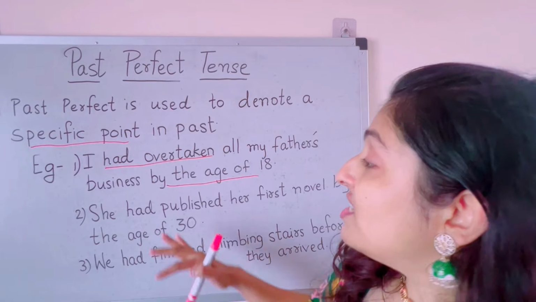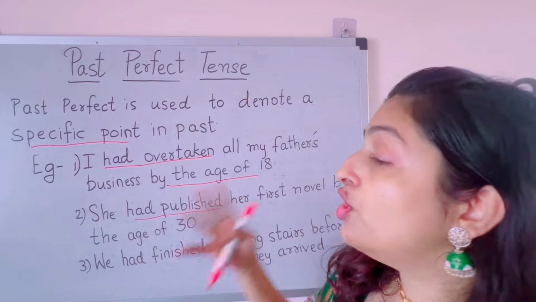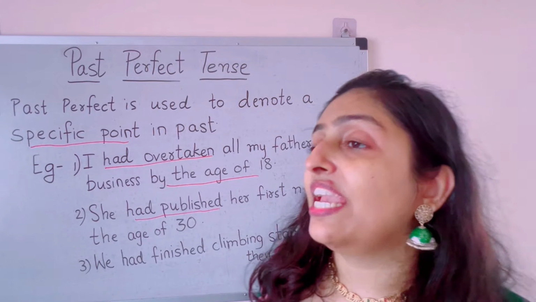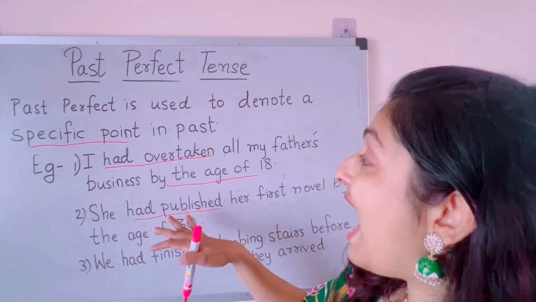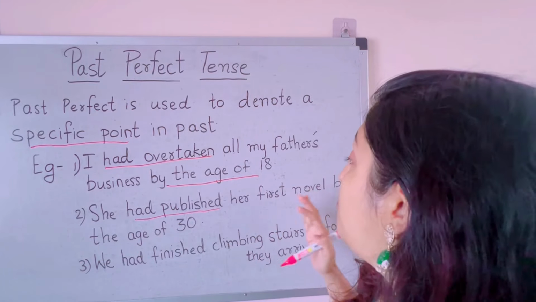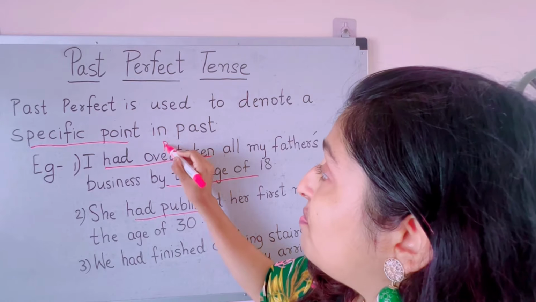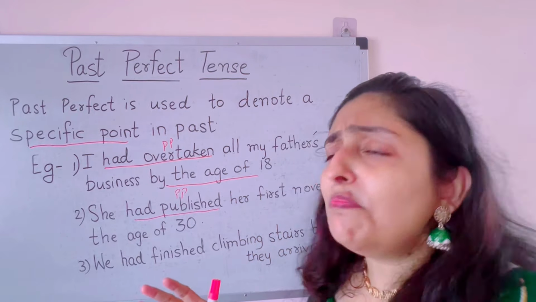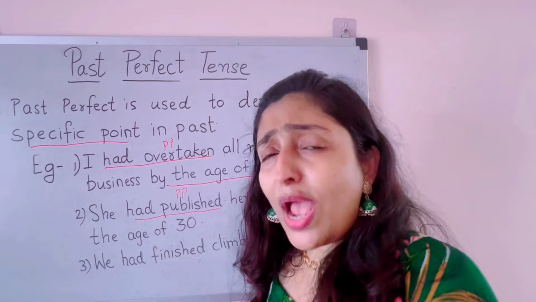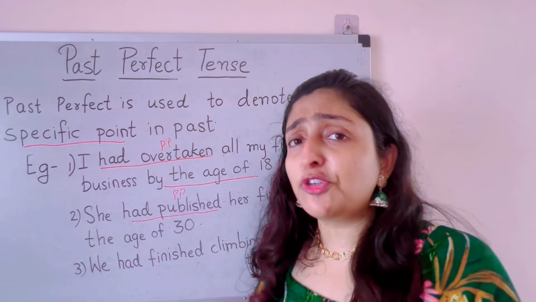Second example, she had published her first novel by the age of 30. This is in past perfect. So does it mean that she started writing at the age of 30?